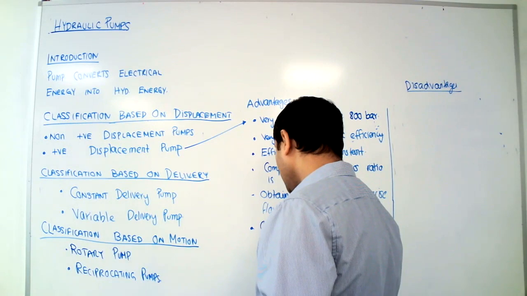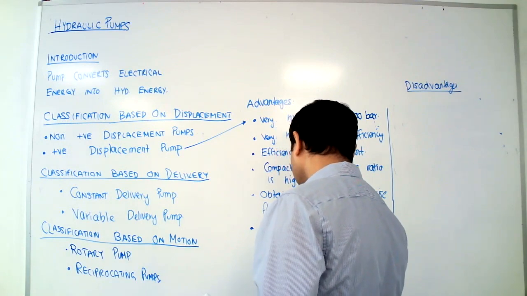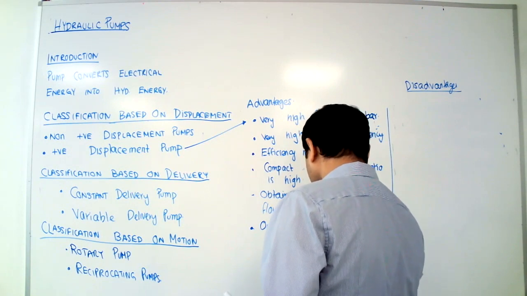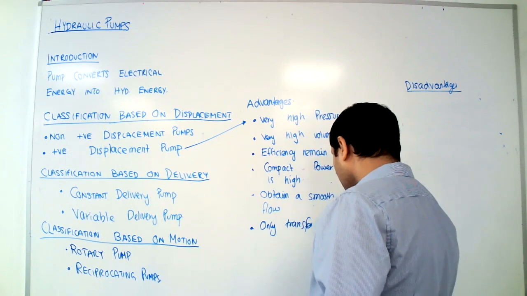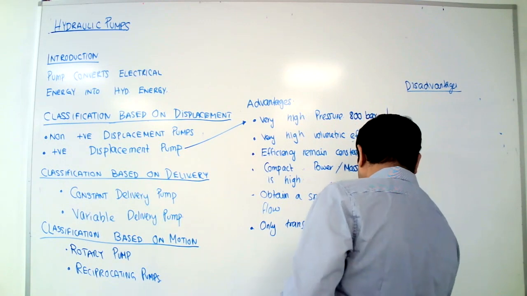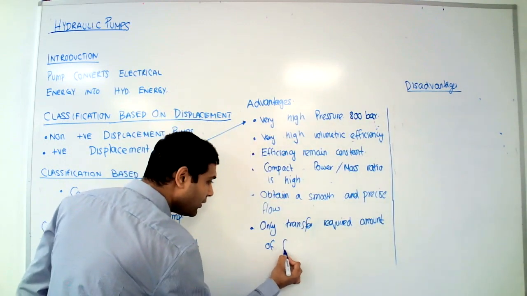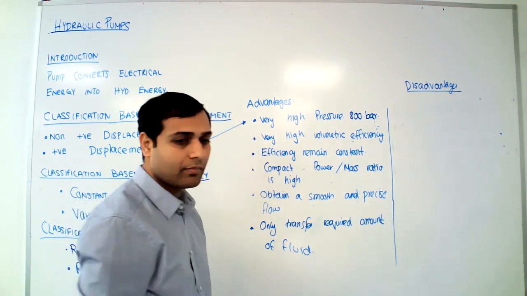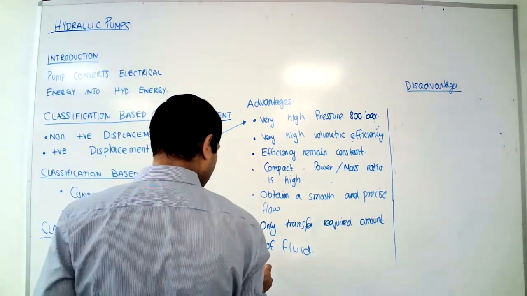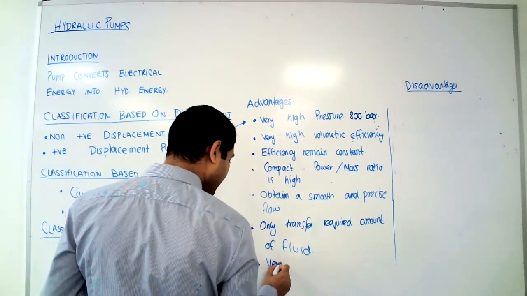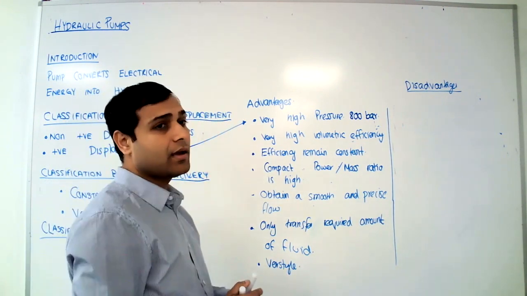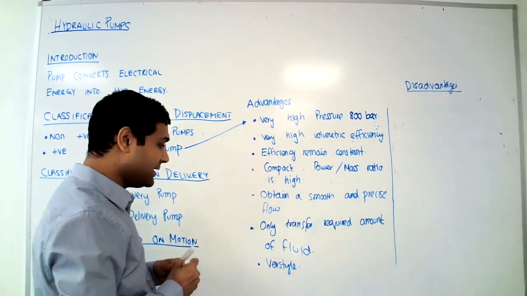So they only transfer the required amount of fluid. You can program that. They are very versatile. They can be programmed over a range of pressure and a range of speed.